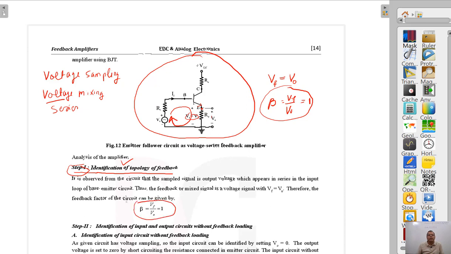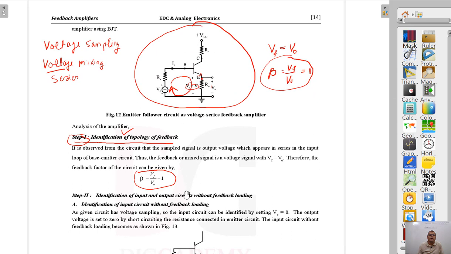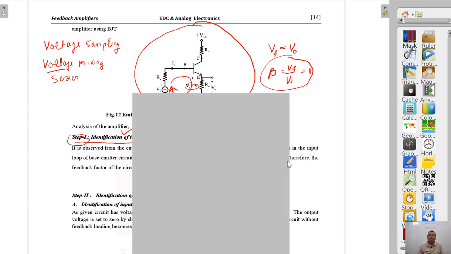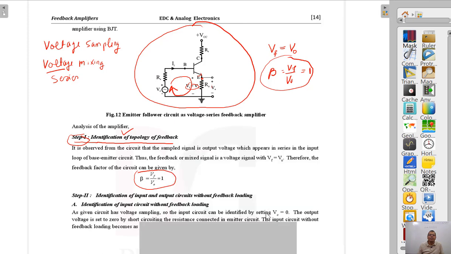Right. Now, identification of input and output circuits without feedback loading is the next part we will talk about. Let us see that one by one. Let us remove this part, that curtain is not needed.